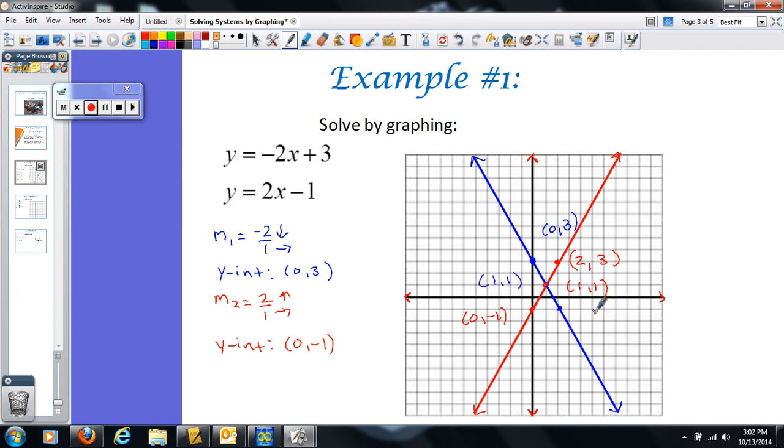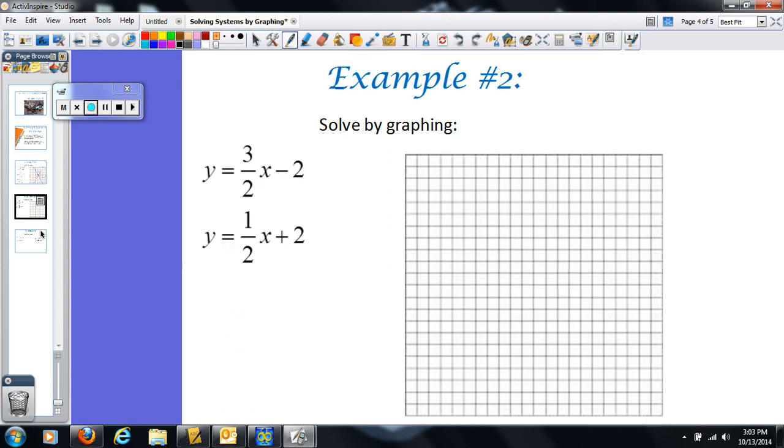And you have 2, negative 1. And our answer then is the point where they cross. So it's going to be this point right here, which means the answer to my equation then is the point 1, 1. Okay? Alright, let's look at example 2.